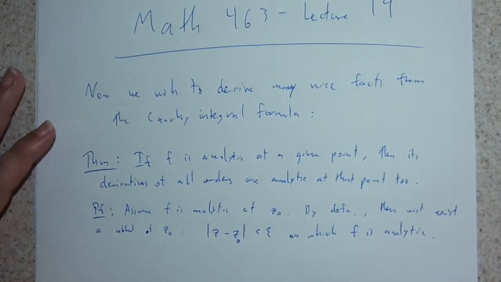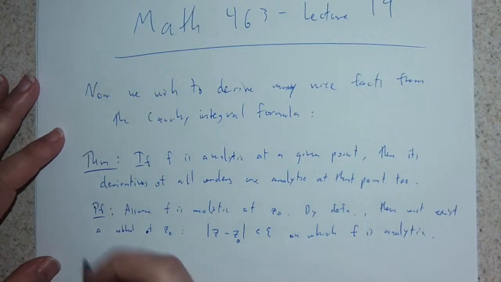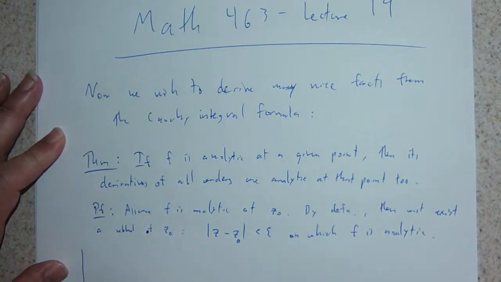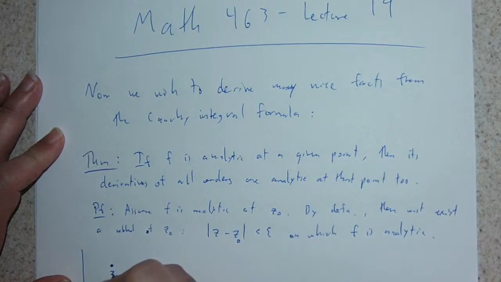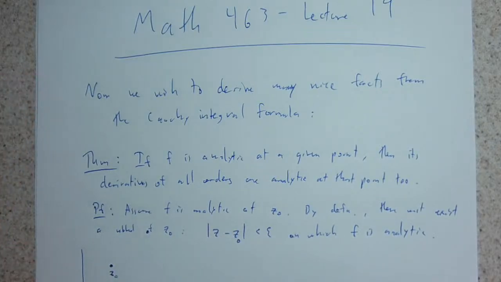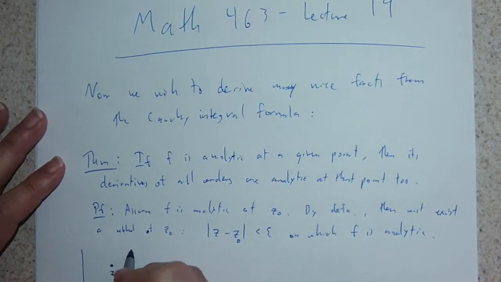So, what's the idea here? Well, let's draw a picture. Here's my point of some domain in the complex plane. Maybe my domain looks like this, I don't really care.